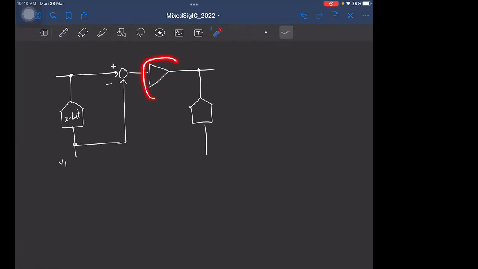What should be the gain you use here for having one redundant bit? 2. Fine. 2 power 2 minus 1, that is simply 2. So let's say this is again some 3-bit ADC or something. So what are the non-idealities you think this amplifier might have? Okay, gain error and offset.